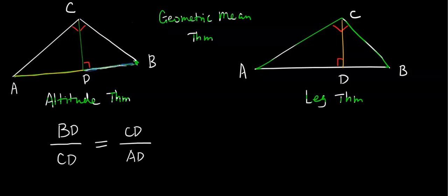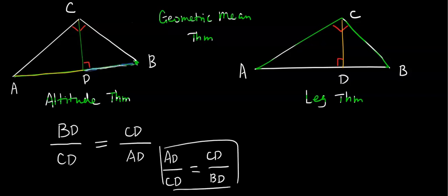I can also rewrite it, and the altitude has to stay at the mean part. This time I'm going to write down AD here and BD here. Both of them are great, truthful and beautiful. The key is that the altitude theorem, the geometric mean, means the altitude needs to stay at the mean place of this proportion. So that's the rule for the geometric mean altitude theorem.